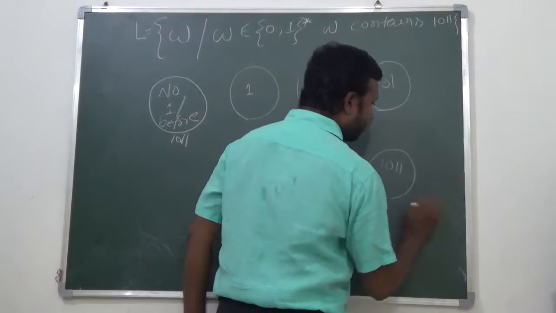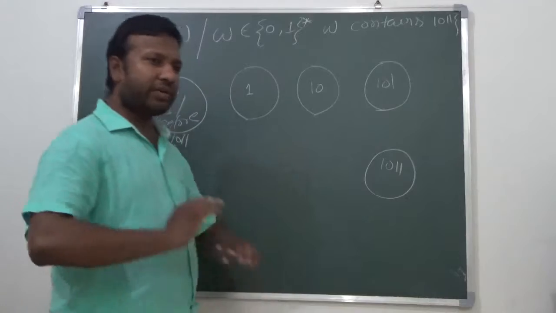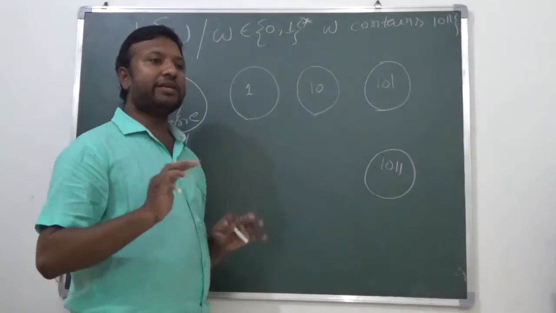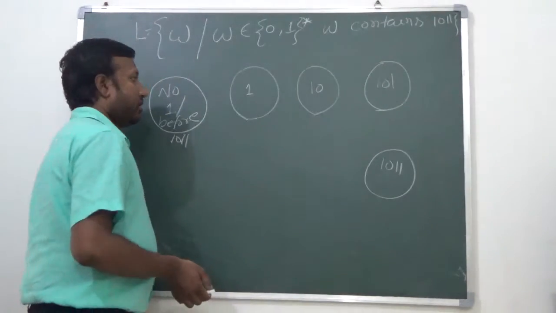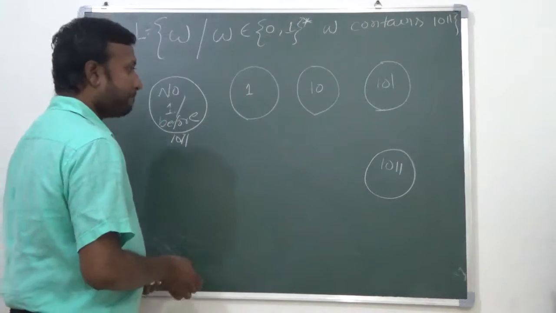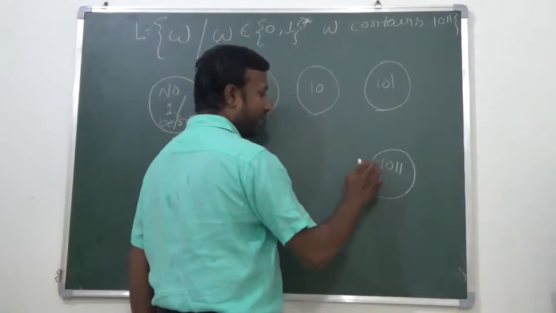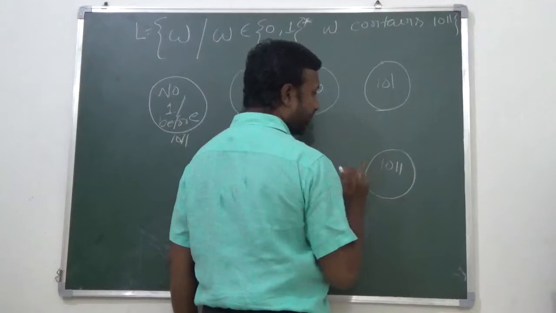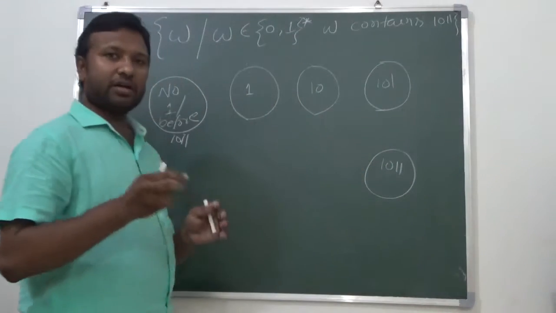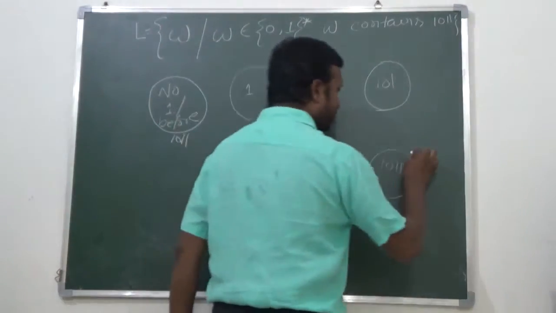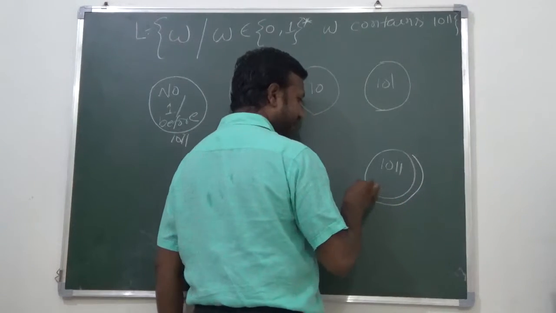And after this 1, 0, 1, 1, whatever we are getting is immaterial, right? So let's think, if we have found 1, 0, 1, 1, that means we should accept, right? So this should be the accepting state.